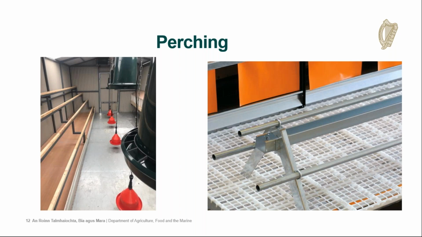Again, in terms of the perching, you'll recall that it's 18 centimetres per bird for the organics, but in terms of the usable area, you must examine that the perching fits into this, in that it provides that 45 centimetres clearance, so that any area under the perching can be included as usable area.